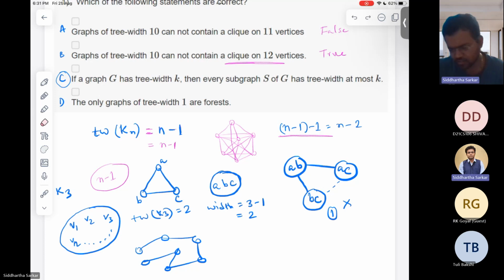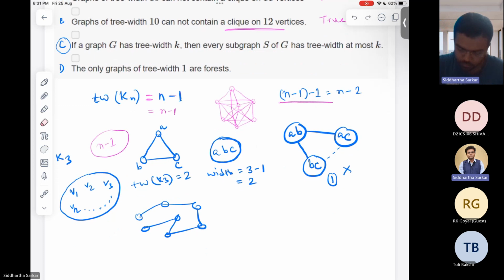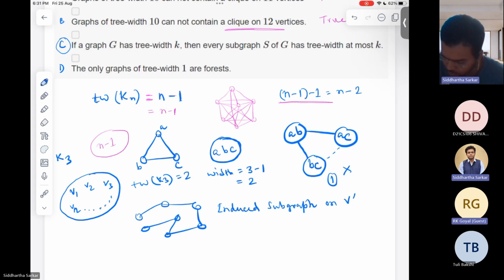Correct. That is not the definition of subgraph. Vertices can also be deleted. There are two things: one is subgraph and the other is induced subgraph. When you say induced subgraph, we have a reference set of vertices. We say induced subgraph on V dash, which is a subset of the set of vertices V, which means we are only allowed to pick vertices from V dash.